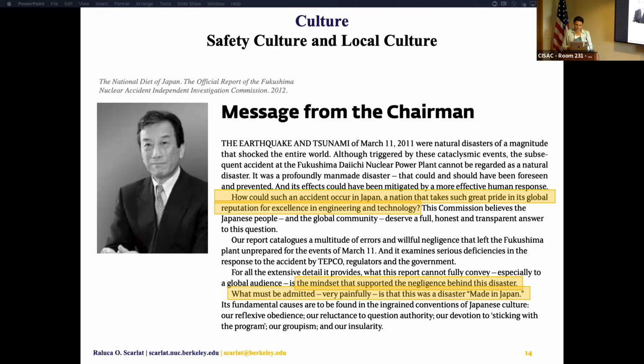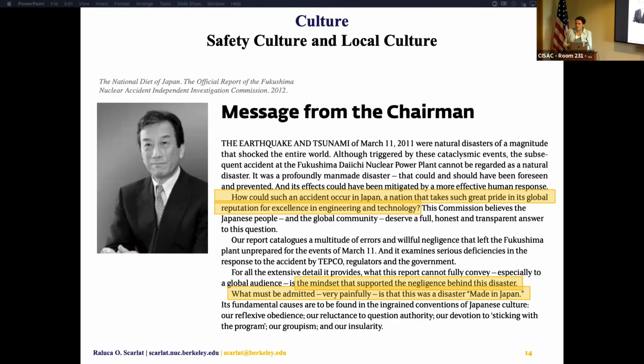And what is interesting to remember is that the reactors at Fukushima were GE reactors, and therefore US technology. And with the technology comes a safety culture, because the technology is operated and maintained and upgraded by engineers. And engineers need to have a safety culture to ensure that the technology is inspected and upgraded and operated properly. And that safety culture was exported with the technology.